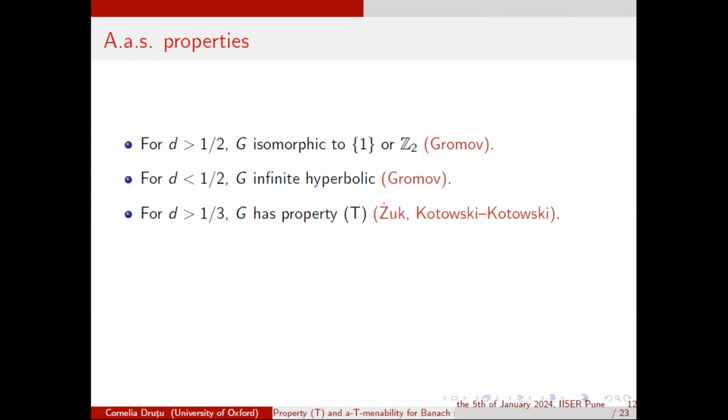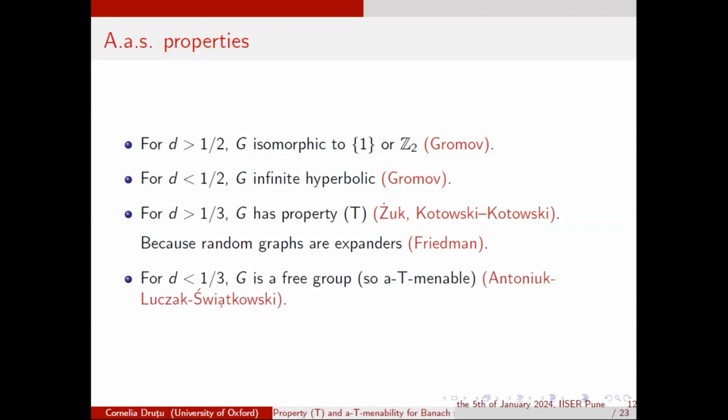So that means that if we take our density between a third and a half, the generic group is infinite hyperbolic and with property T. It will be one of those groups that have property T, but not a very robust one, so they will start acting properly on LP spaces. And as I said, this follows from a result from random graphs, from the fact that random graphs are expanders in the Erdős-Renyi model. That was a result from the 80s by Friedman.